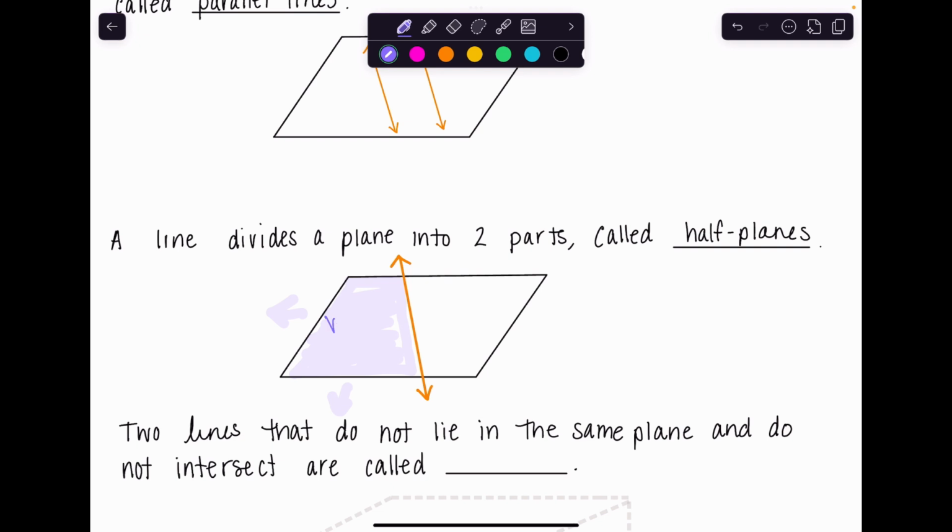So this piece over here is one half plane. And then likewise, we have a second part over here that continues on forever in multiple directions, but it stops at the line. So this is another half plane.